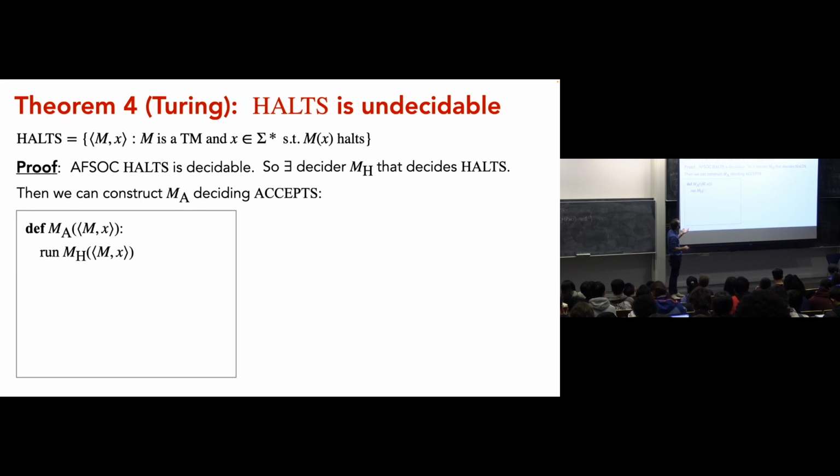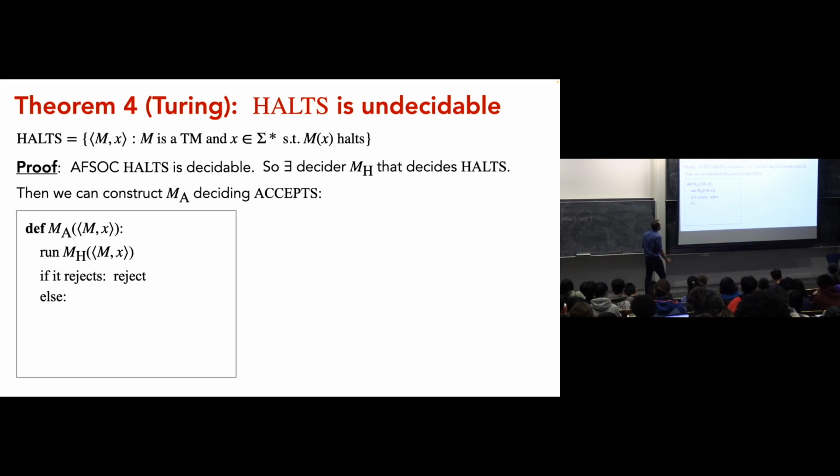The first thing we do is run m sub h on m and x, and this is assumed to be a decider. So it tells me in a finite amount of time whether m of x halts or not. Suppose it says no, it rejects. It doesn't halt. Then what should I do? Then we reject, of course. If it says no, it doesn't halt, then it doesn't accept either, so we can reject.